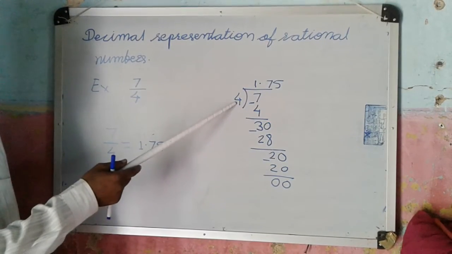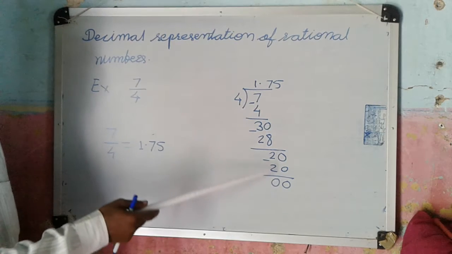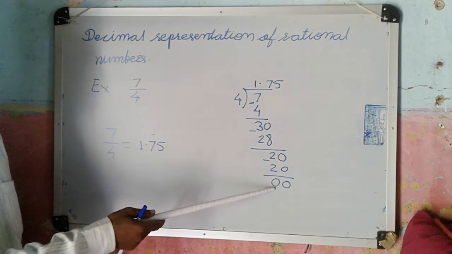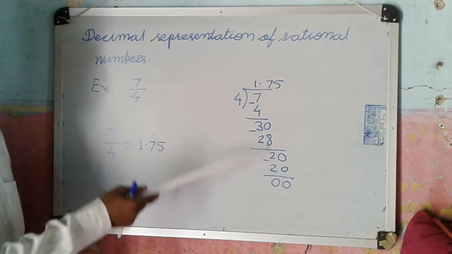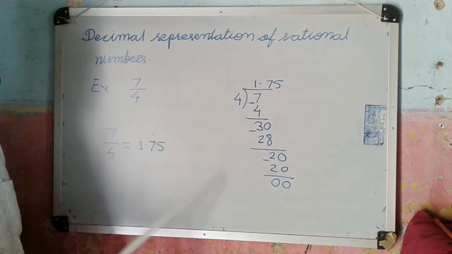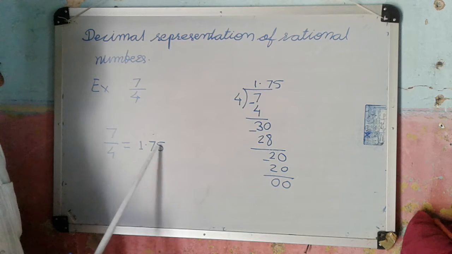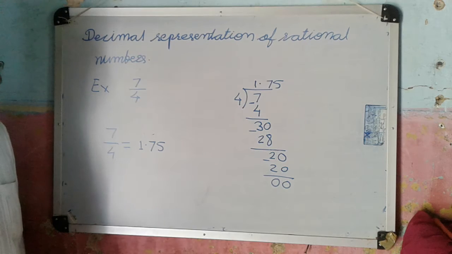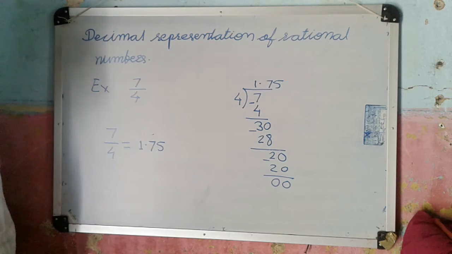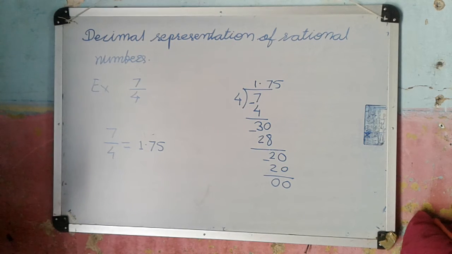We get remainder 0, that means the procedure of division ends here and we get the decimal form 1.75. And this type of decimal form is known as terminating decimal form.